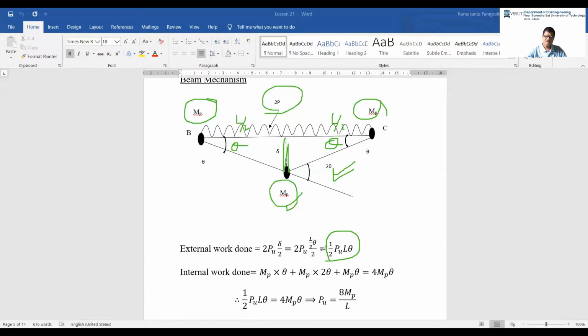Now, what is your internal work done? MP into theta here, MP into theta here, MP into 2 theta here. So this we have also discussed, that if there is a load 16 MP by L, here P is equal to P, it will be 8 MP by L. This satisfies the earlier derivations.